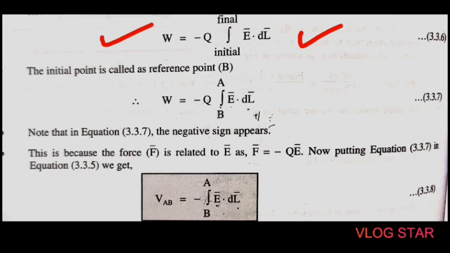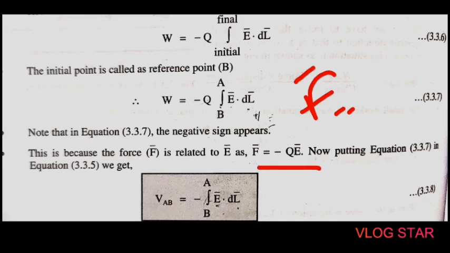Okay, so here we can write W is equal to minus Q, with the initial point B to A, inside the integration E bar into dl bar as it is. Note that the negative sign appears. This is the force which is related to E bar, so we have to take F is equal to minus Q E bar. Due to that external force we have to take this minus sign.